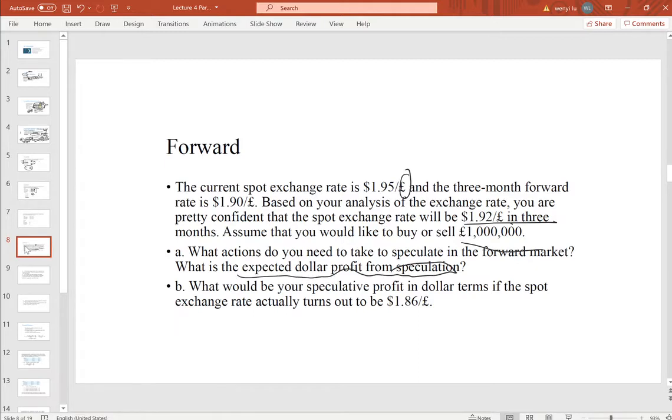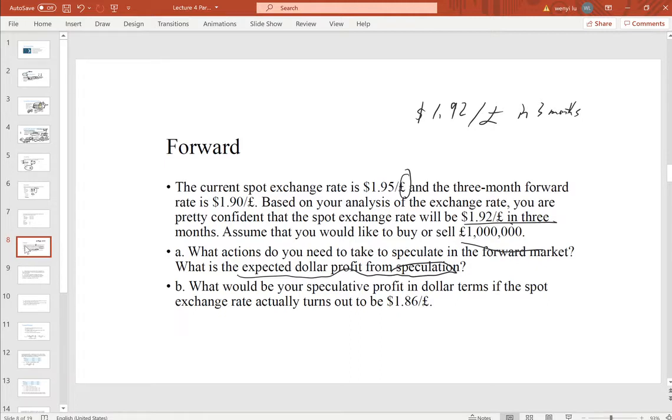Speculate means you buy and sell in the short term to make a profit from the price difference. So if you believe the exchange rate will be $1.92 per pound in 3 months, what will you do? You will buy something cheap and sell it higher in the future.